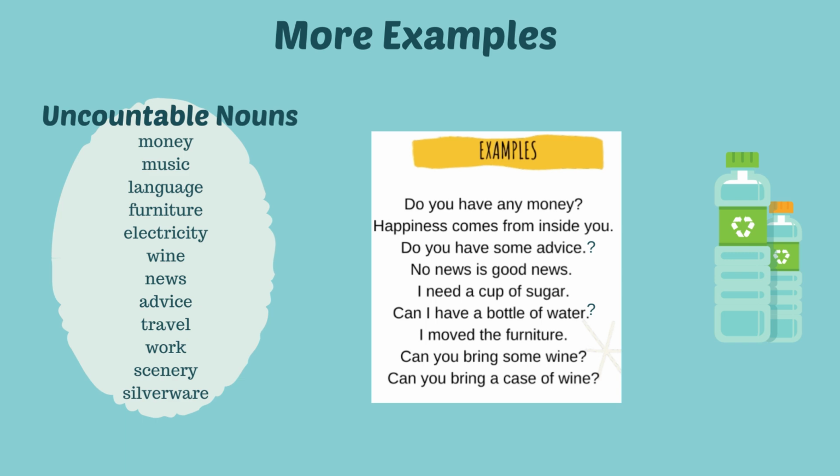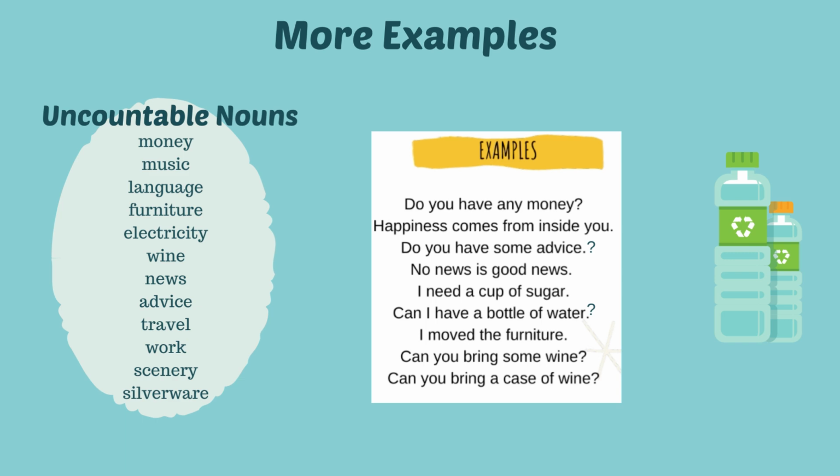Money is not countable. You could say $10, but you can't say 10 money. So you say, I have a lot of money, or I do not have much money. Music. Songs are countable, but music is not countable. I listened to a lot of music today.